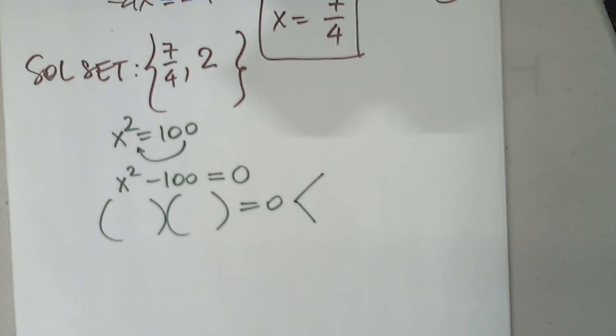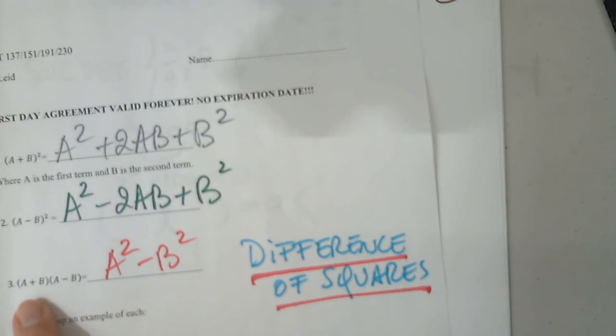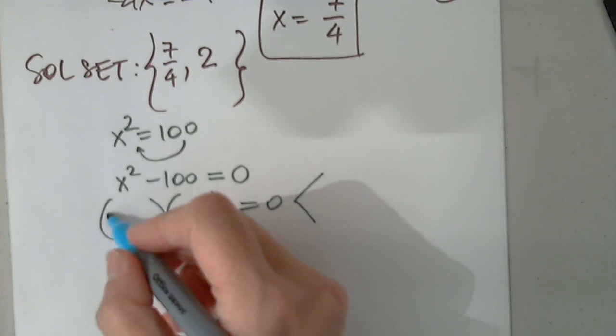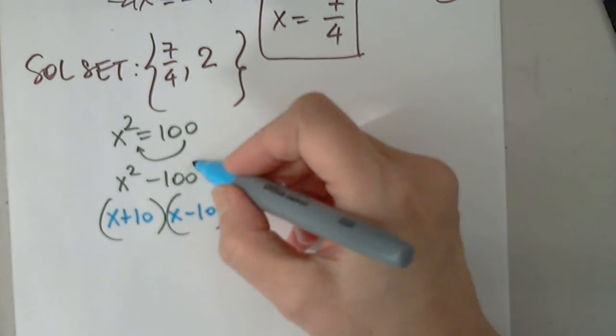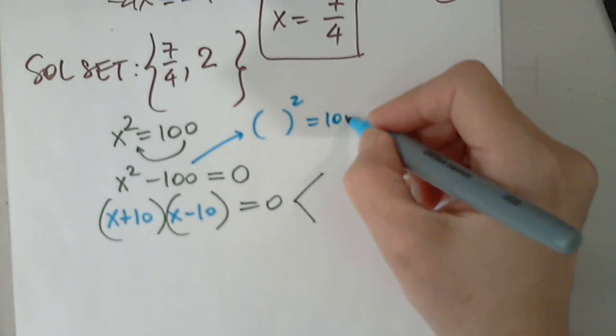As a difference of squares. Any suggestions? So remember, we have to determine a number whose square is 100.